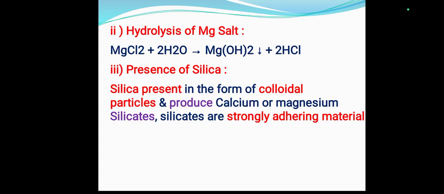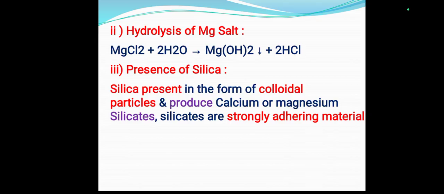Then the third cause of scale, right, is the presence of silica. So what will happen if silica is there in the boiler water? If silica, that is SiO2, is present in the water, then that silica reacts with calcium or magnesium salts, and after reaction they produce their silicates.